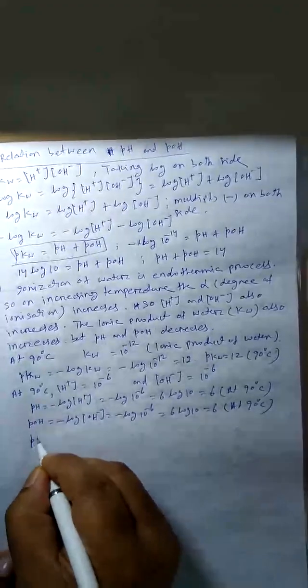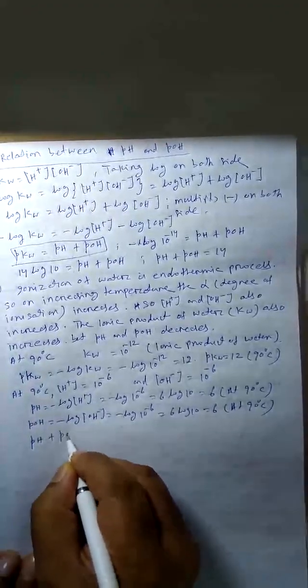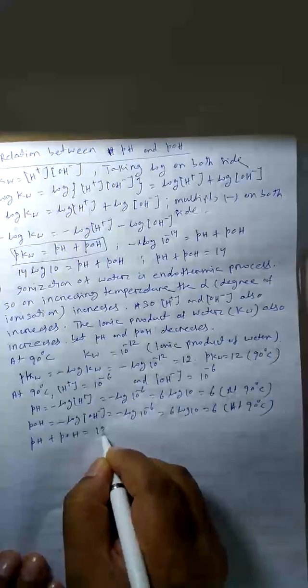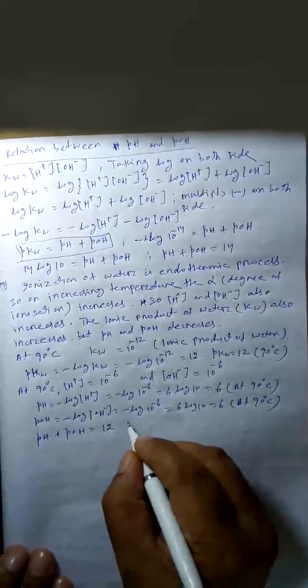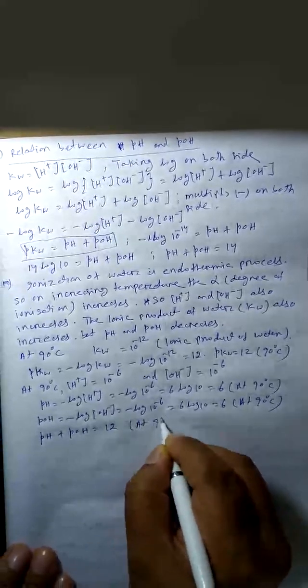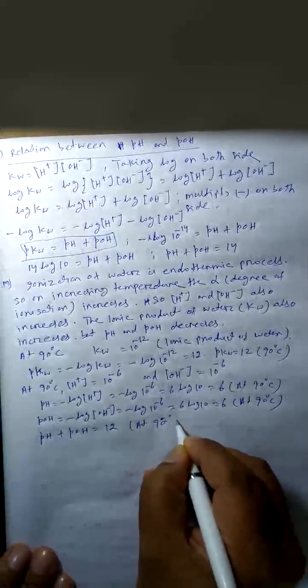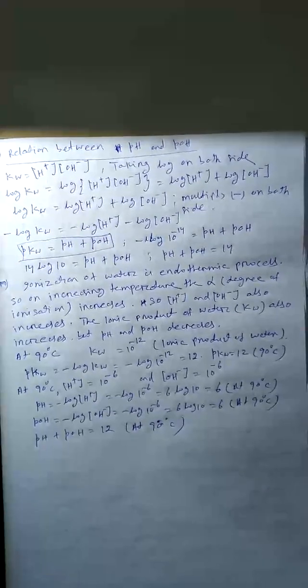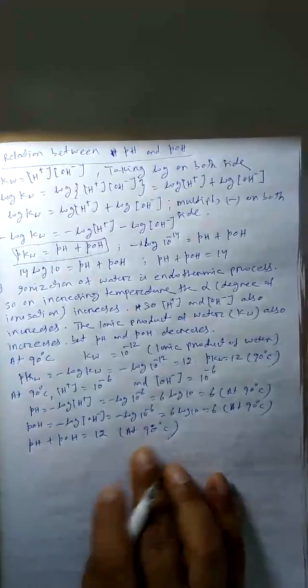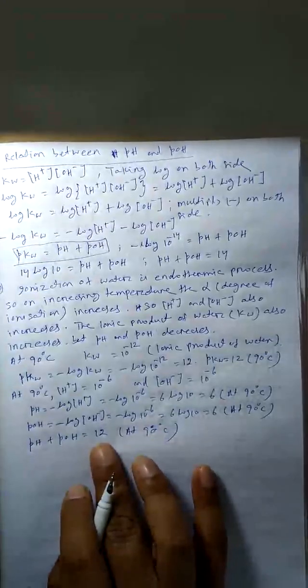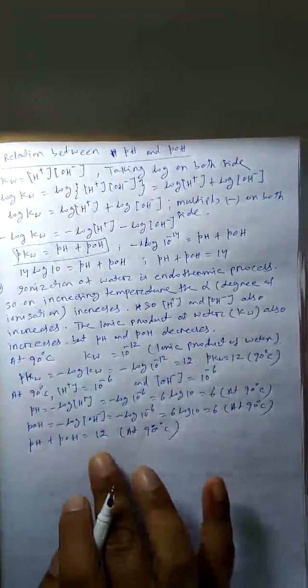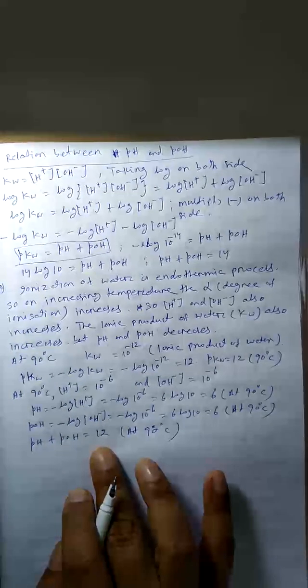Similarly, pH plus pOH is equal to 12 instead of 14 at 90 degree centigrade, but at 25 degree centigrade it is 14.